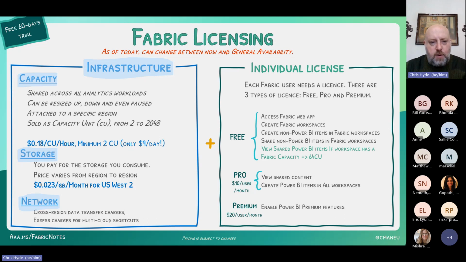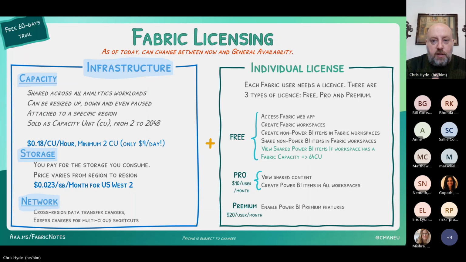So we might have an F2, and we've got a workload that requires an F8 for a while. That's okay. It'll spin up to that larger size, run everything there, and then scale itself back down to the F2. Now we can't do that all day. We'll get rate limited back to our average.